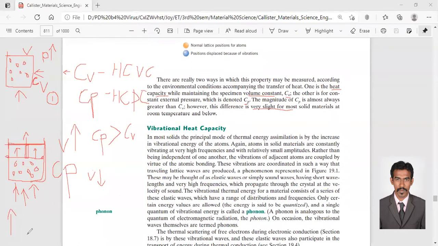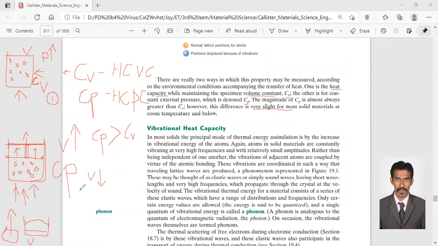Similarly, when you take some milk and cook it on the fire, what will happen? Initially, milk will be like this, then at some stage it will come up like this. So for the gas state, the balloon is the example, and for the liquid state, this milk. The volume change is kind of significant. But in the case of solids, the volume change is very low. Why?